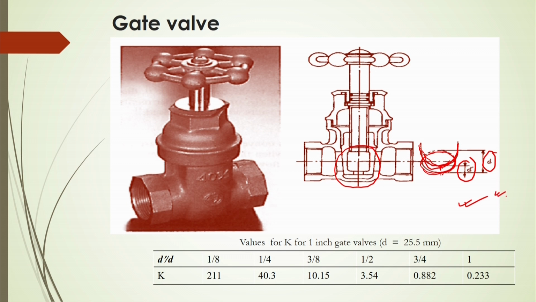This d dashed by d ratio affects the minor loss coefficient. At different d dashed by d ratios, we get different values of the minor loss coefficient. So, you have to use the minor loss coefficient based on this opening or gap of the controlling nose to the pipe wall.